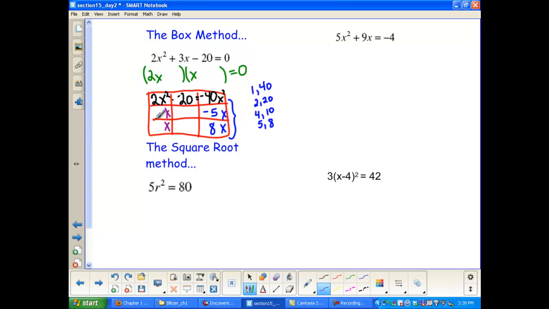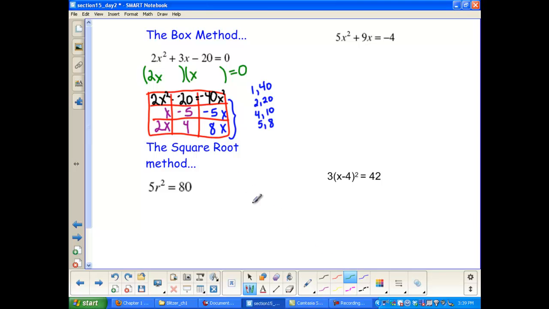So these two boxes have to be factors of 2x squared. Well, that's either 2x and x or x and 2x. But to make the box work, you have to be able to multiply across as well as up and down. So 2x times 4 is 8x. x times negative 5 is negative 5x.